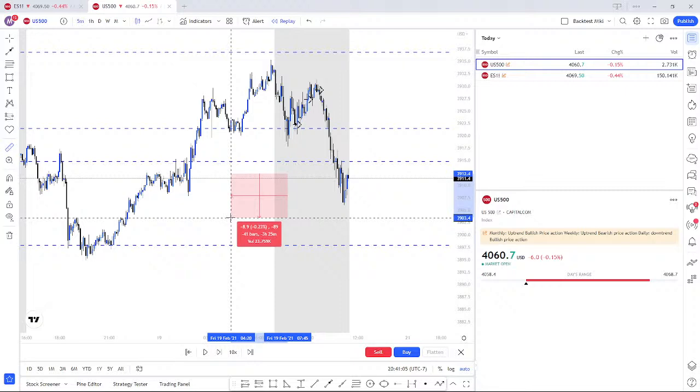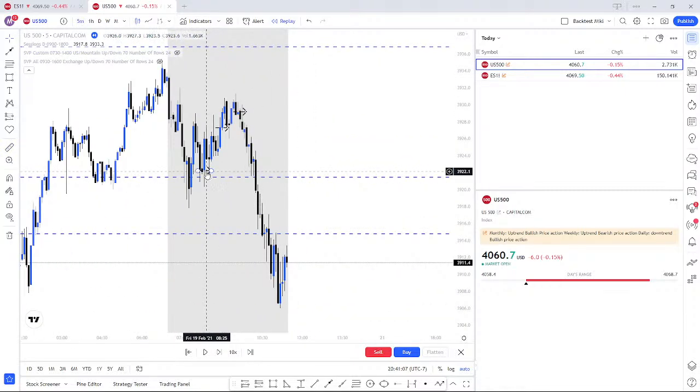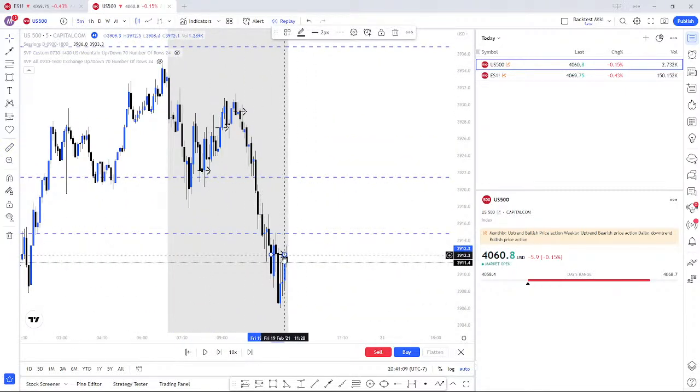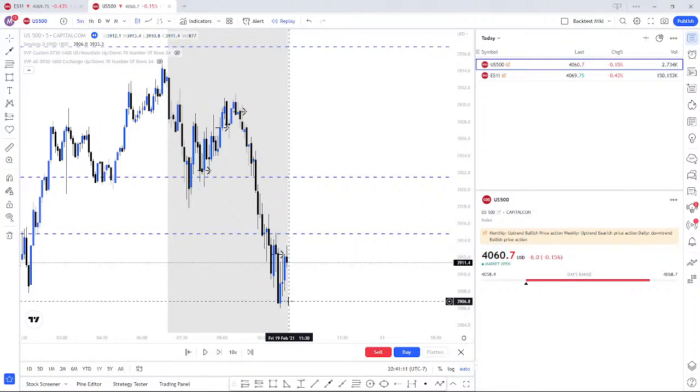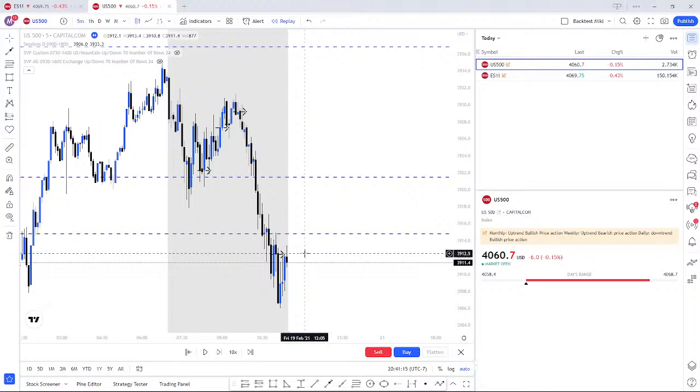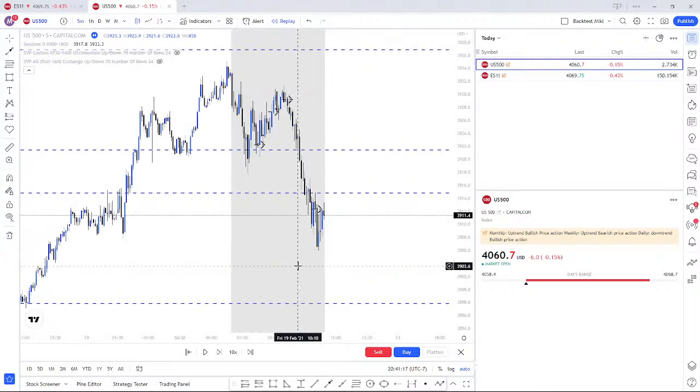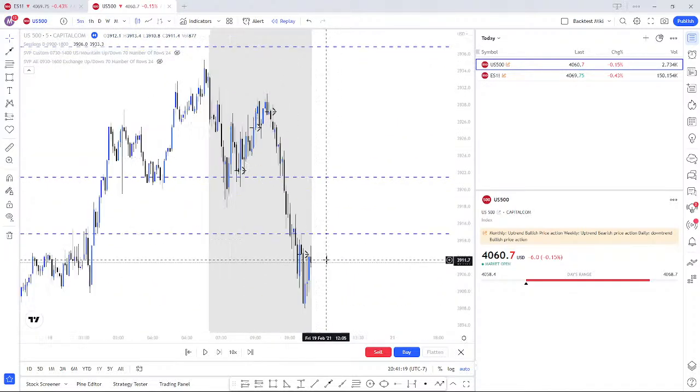So 9. So if you're getting in here long, you'll be risking 9 on this candle here. And then we have this black candle. I'd say you should just get out break even, right? Because you can see price doesn't want to bounce here. But if you hold, then you hold.